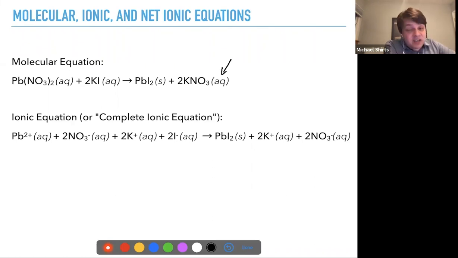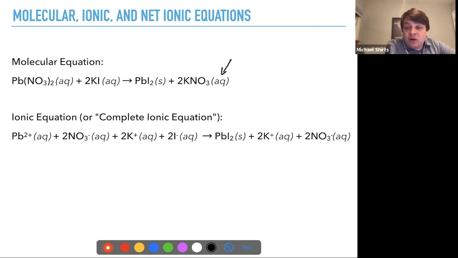Now that is not broken apart into ions because in water it's insoluble. You actually have crystals of PbI2 because it's ionic. So it's not accurate to say that it's free-floating ions anymore. But then as a product, 2K+ (aq) and 2NO3- (aq), because those do remain in solution. So this is the ionic equation.